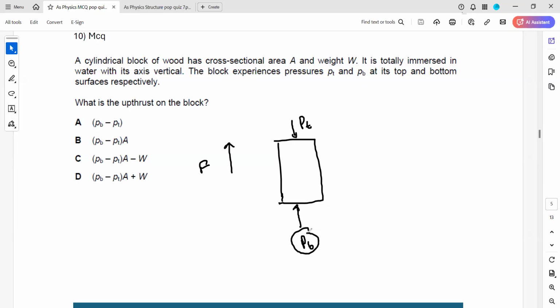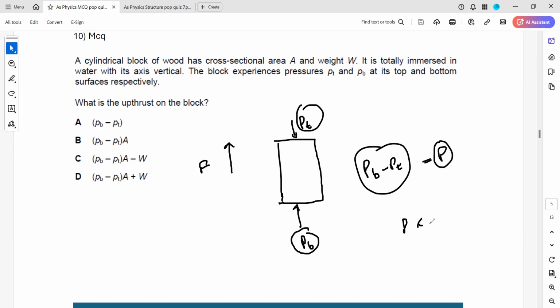That's why the pressure from the bottom is acting upward, and the pressure from the top is acting downward. When I take the difference of these two pressures, I will get the net pressure. And the resultant pressure multiplied by the cross-sectional area gives the force. And that force is the upthrust. Is it clear, this one?